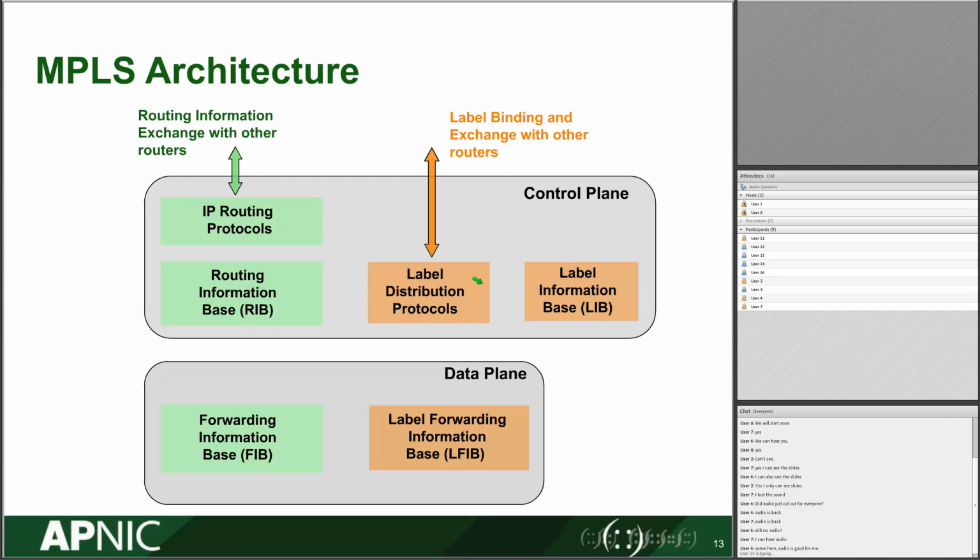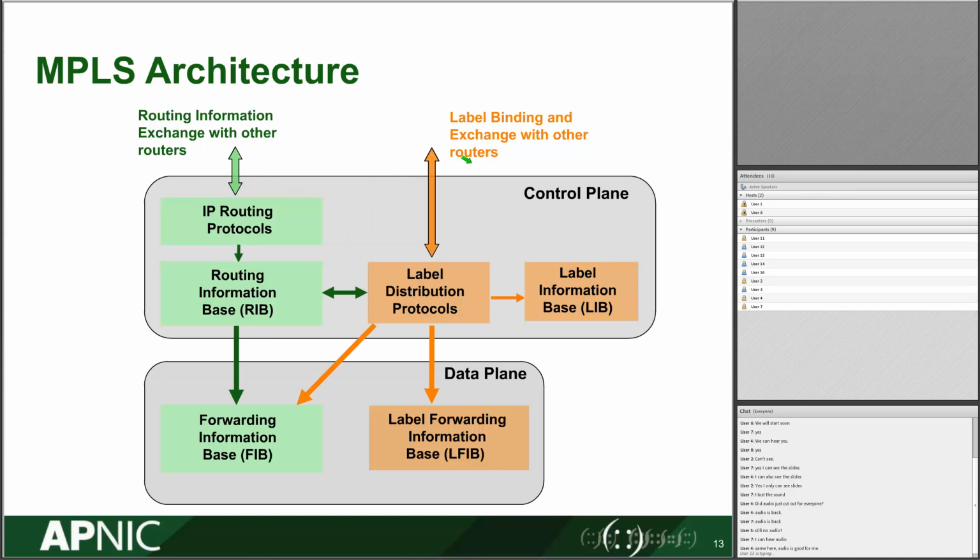And for the label part, we have the different label distribution protocols. They exchange information with other routers. So we have the routing protocols, for example OSPF neighbors talking to each other and exchanging information, and label distribution protocols, for example LDP, which talk to the neighbors to exchange information.